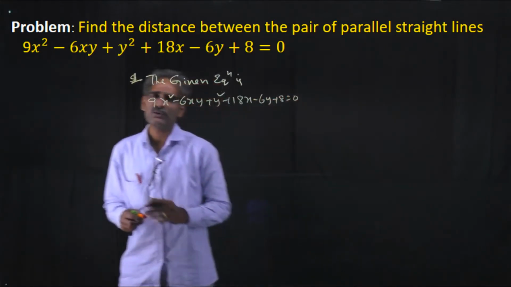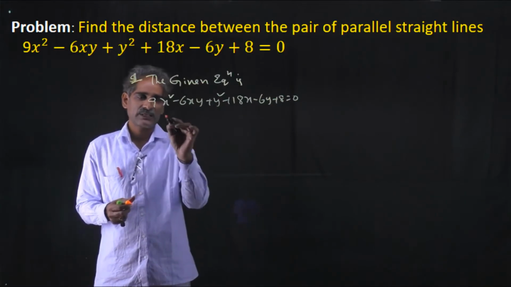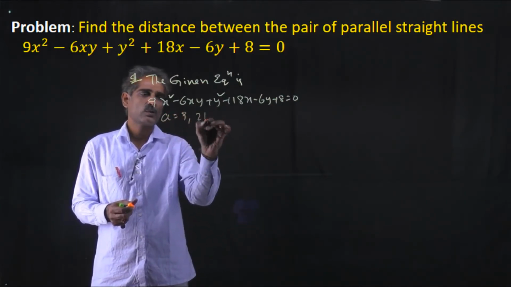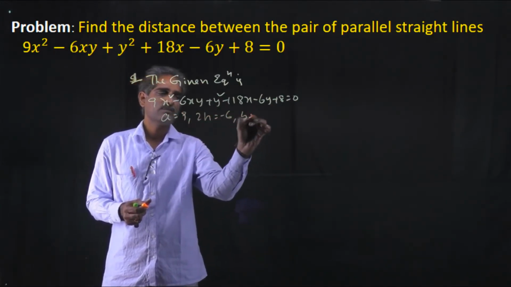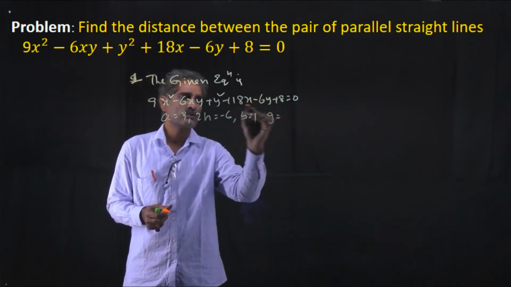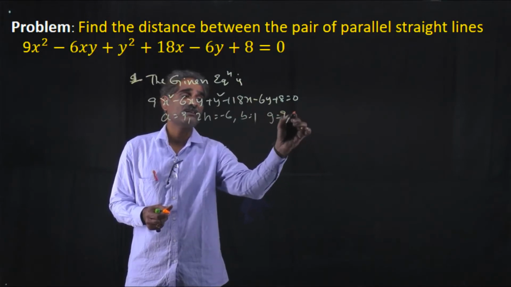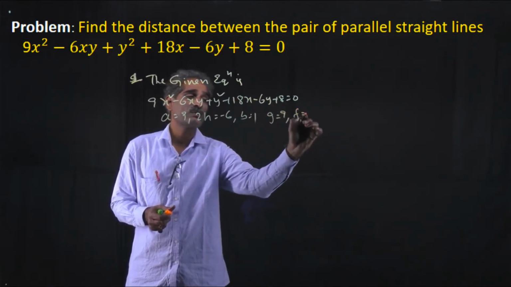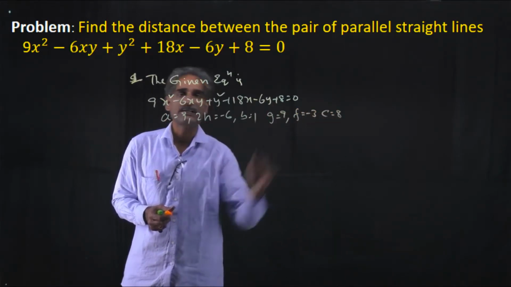We have to find the distance between the parallel lines. Here a is equal to 9, 2h is equal to minus 6, b is equal to 1, and 2g equal to 18, g equal to 9, 2f equal to minus 6, f equal to minus 3, c is equal to 8.